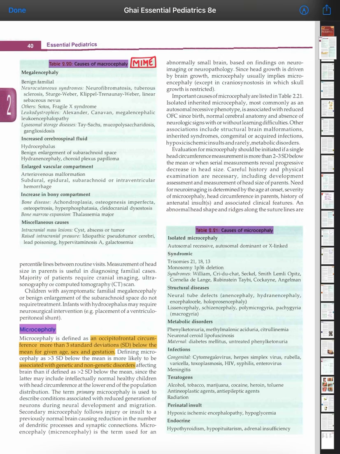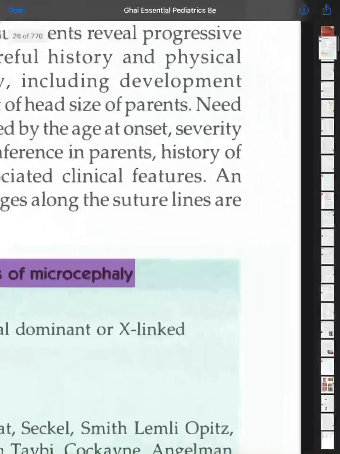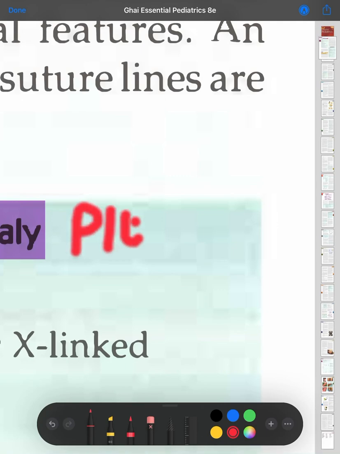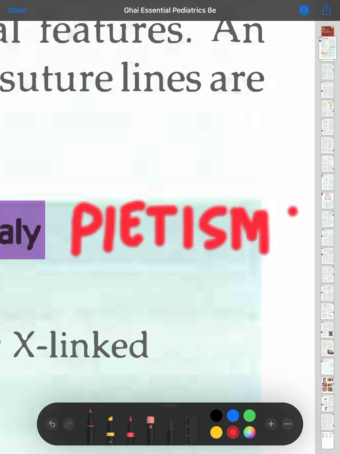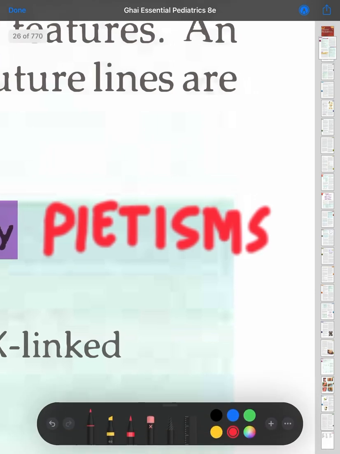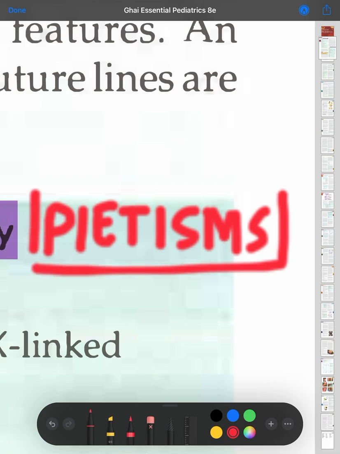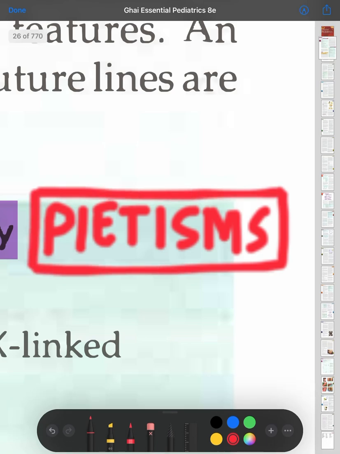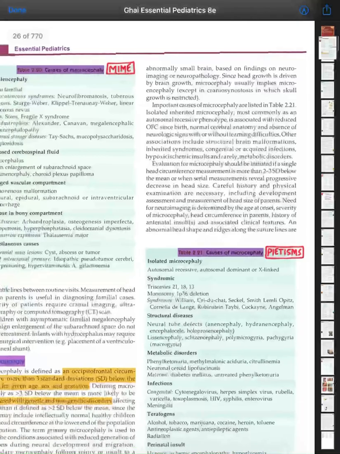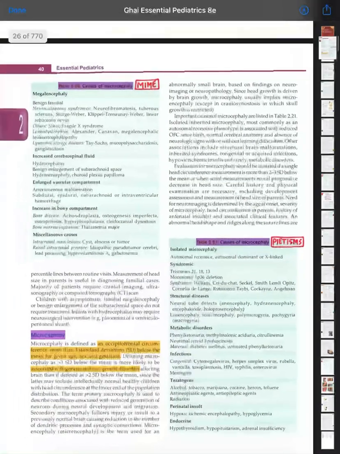I have one mnemonic for microcephaly causes. Write down P I E T I S M S. These mnemonics will be helpful for you. This is the mnemonic for causes of microcephaly.